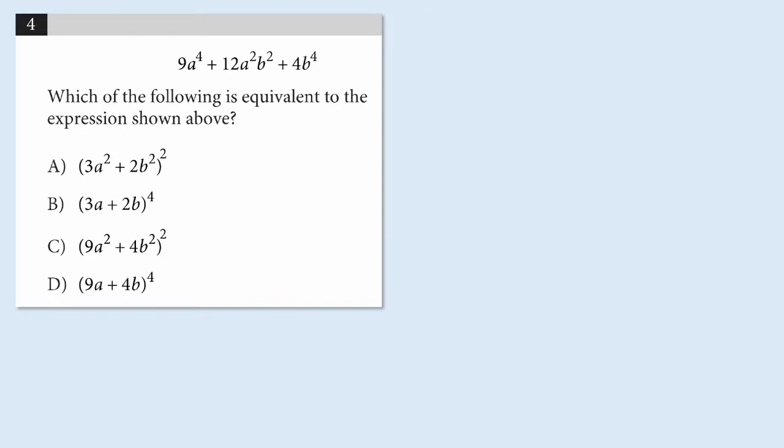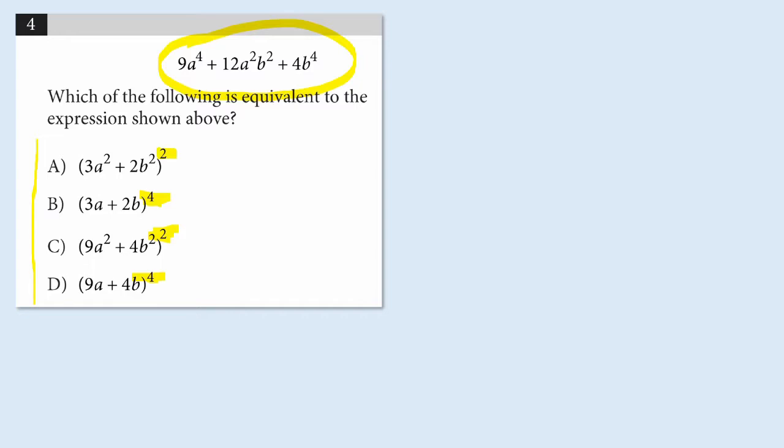So I'm going to show you two strategies for solving this problem somewhat quickly. The first entails looking at the answer choices. So the theme here is squares, and that may jog your memory when you look at the expression that we started with.